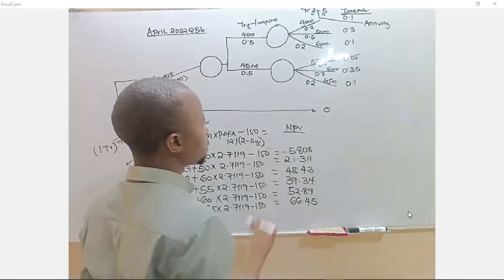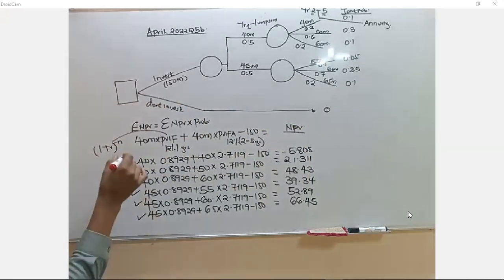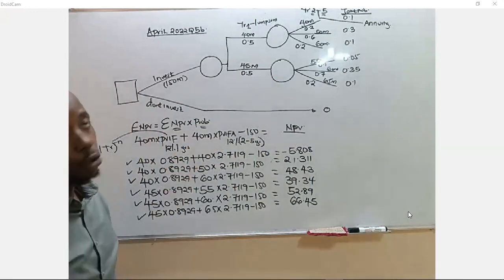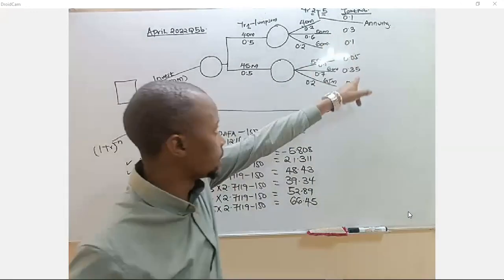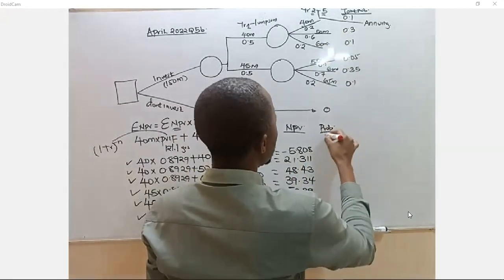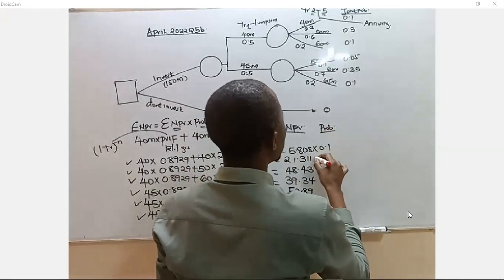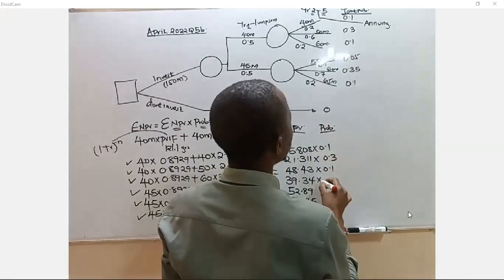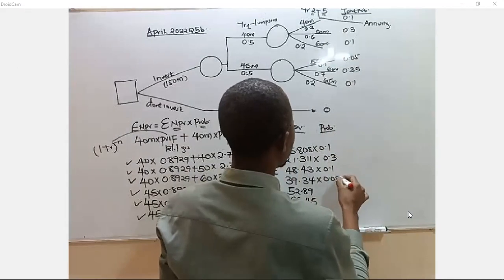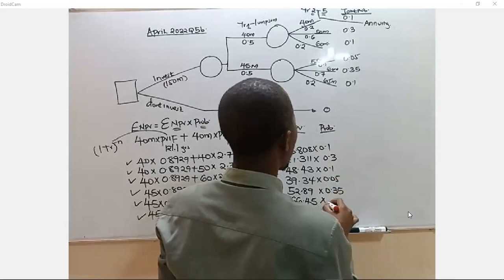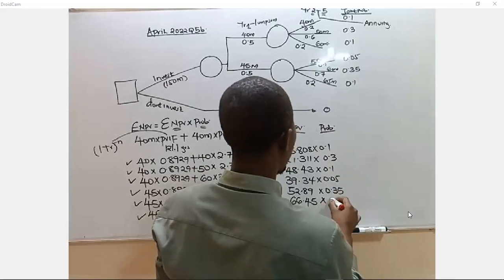Let us get the expected NPV. We have said, to get the expected, get the summation of NPV multiplied by the probabilities. You have already calculated your joint probabilities here. So just come and take my probabilities: 0.1, 0.3, 0.1, 0.05, 0.35, and 0.1.